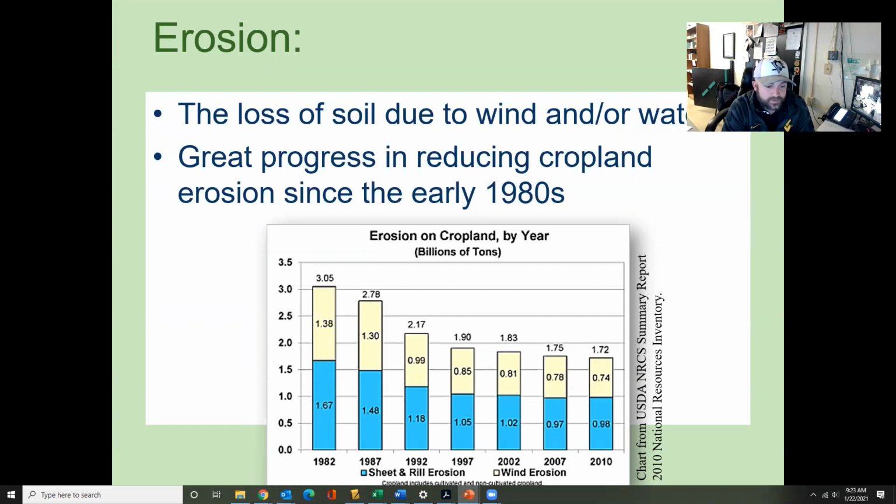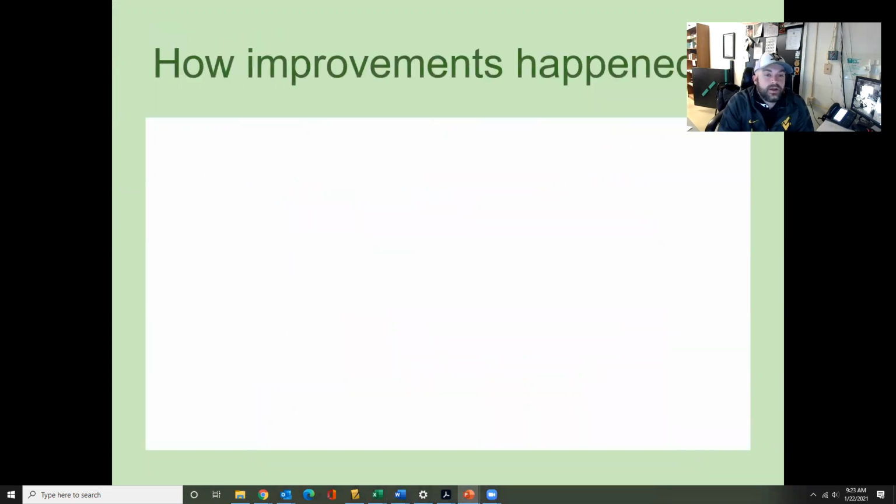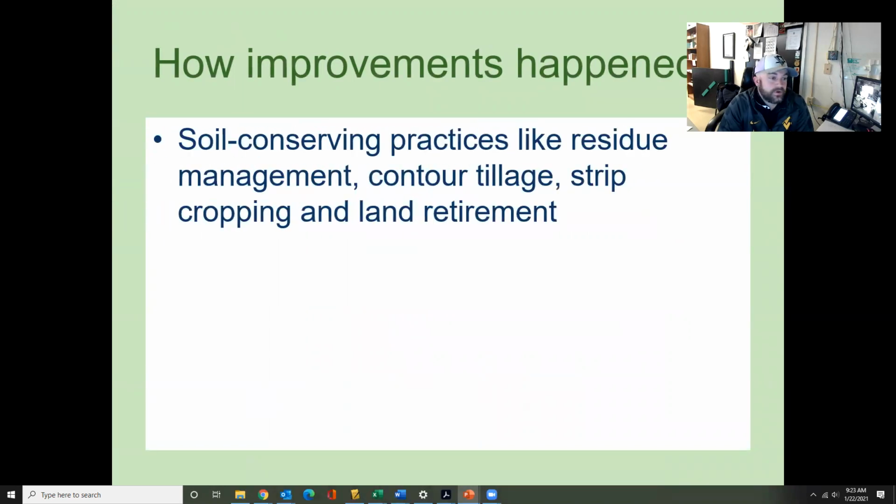We've actually reduced this amount over the years. Going back to 2010, it is about 0.74 for wind and 0.98 for sheet and rill.